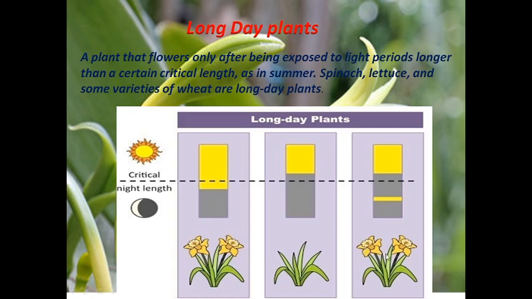Fine. And what happens later, experimenting with these long day plants, the scientists found that if the days were short in winter and nights were long, but the night was interrupted with a flash of light, say for example the plant was exposed to light in the night period for half an hour, the plant showed flowering.